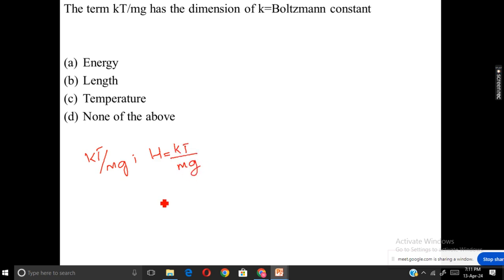The scale height that we have learned is H equal to RT by g, where R is the specific gas constant. As we have discussed before, this R depends on the type of gas or molecule we are considering.